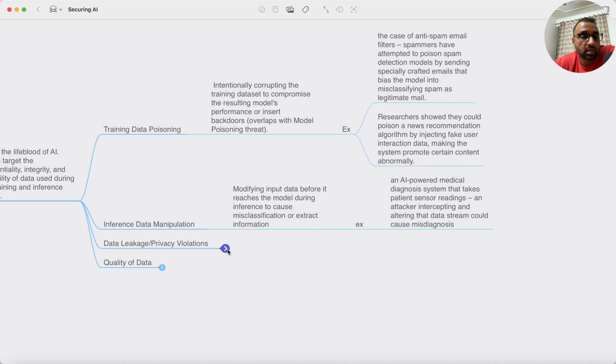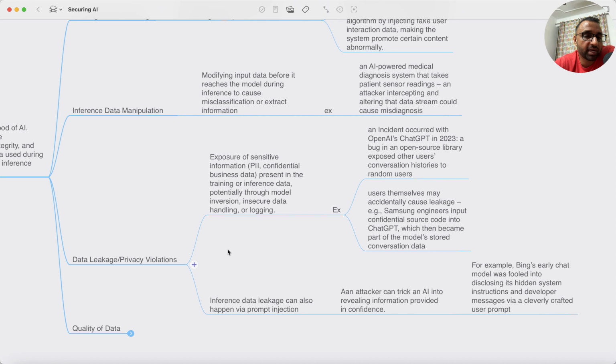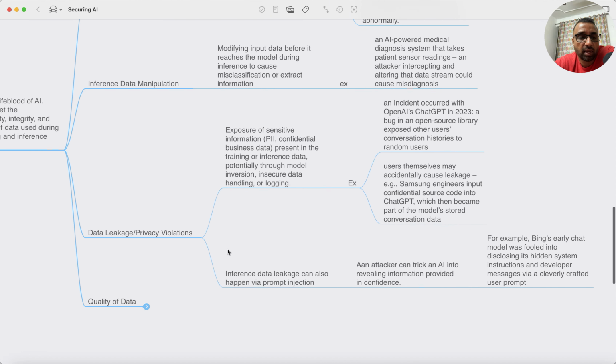Okay. The next threat is around data leakage and privacy violations, which is exposure of sensitive information present in training data or inference data, potentially through model inversion or insecure data logging and handling. And this happened in 2023 with ChatGPT, where a bug in an open source library exposed other users' conversation histories to random users.